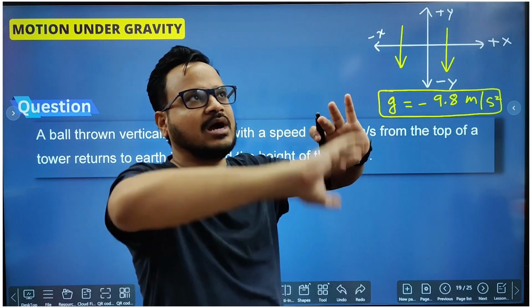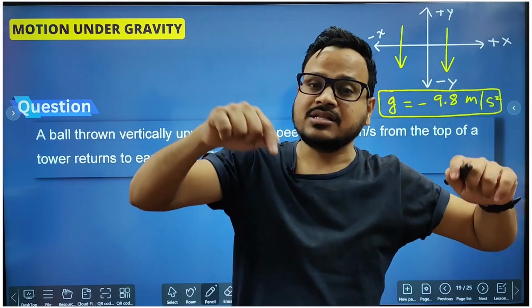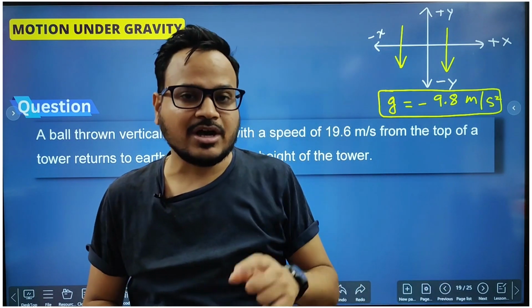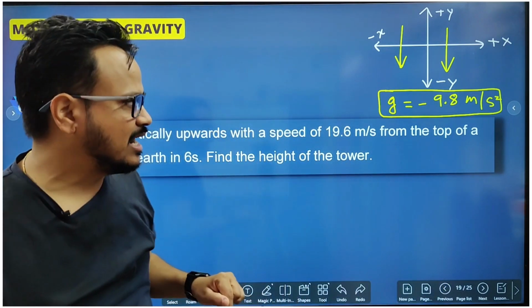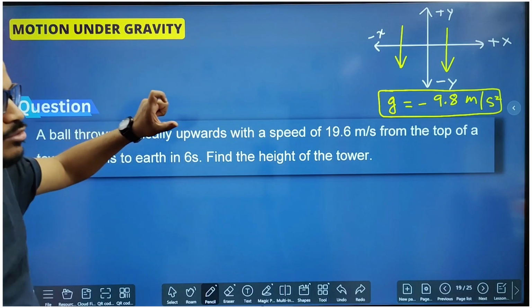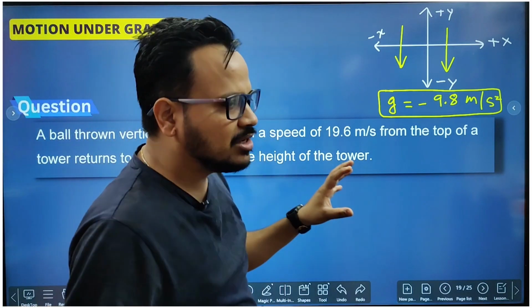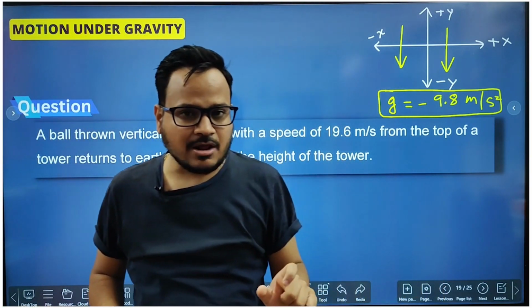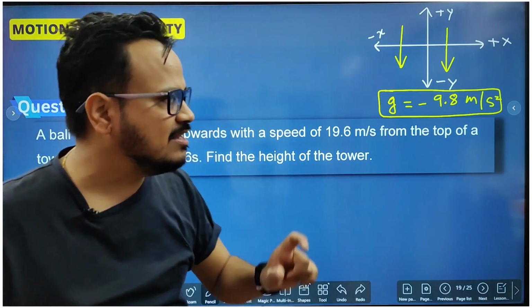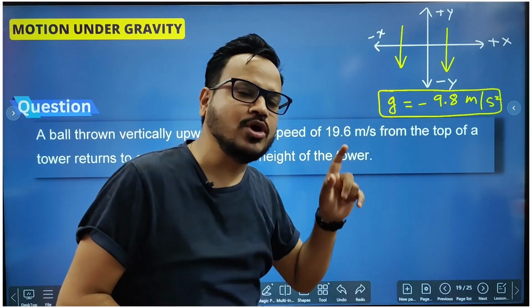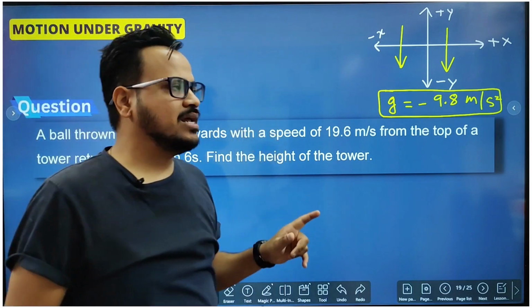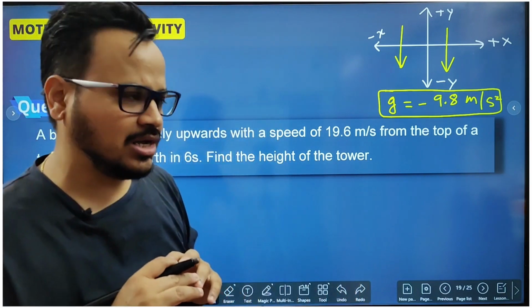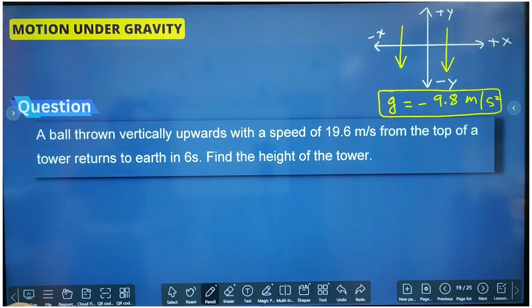First the body is moving upward, then in the second part downward. This was done in class 9, but we are not going to do this in class 11th. We are going to solve any question in the easiest manner possible, and that is possible only when we take sign conventions. So we are going to take g as minus 9.8 meter per second square always in all questions, right?